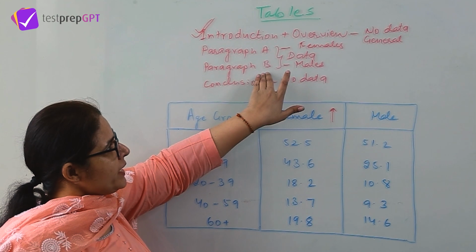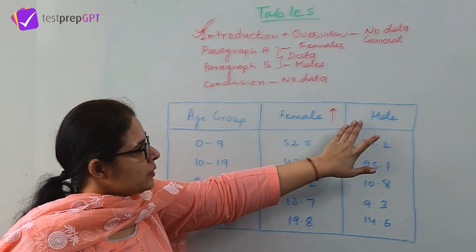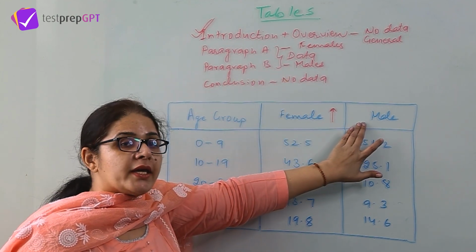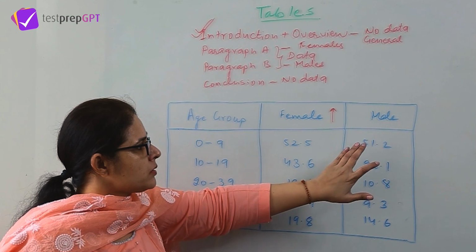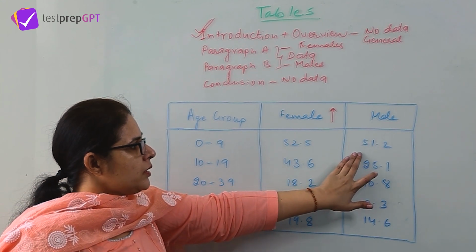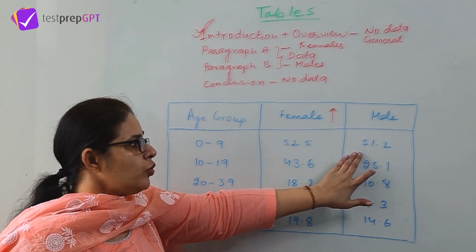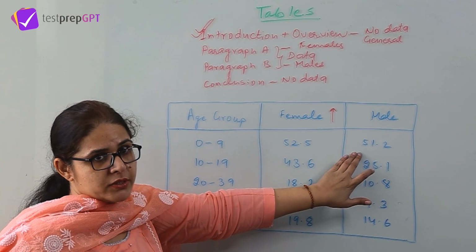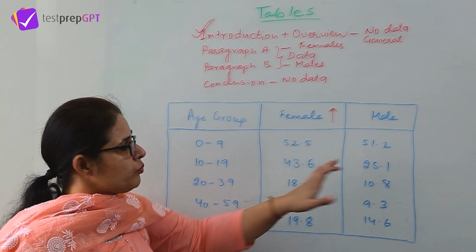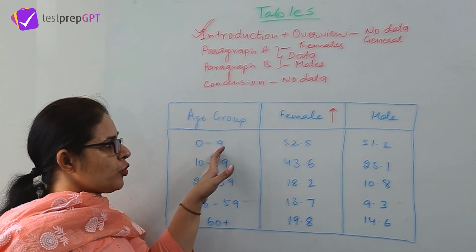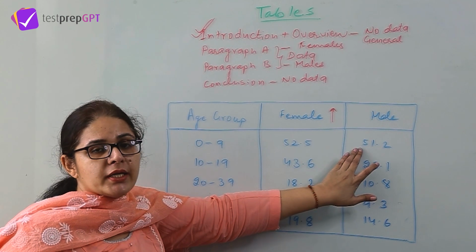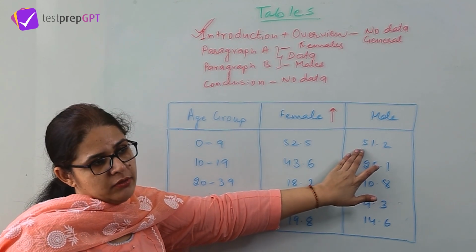So paragraph B can be started. Looking at males, again, more than half of the males who were aged below 9 years rode a bicycle in Chandigarh in 2019.